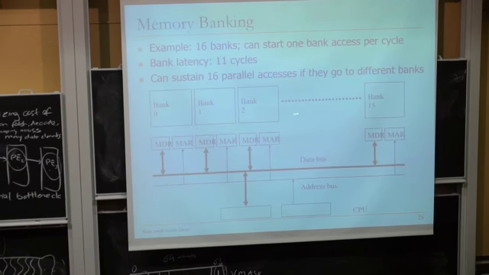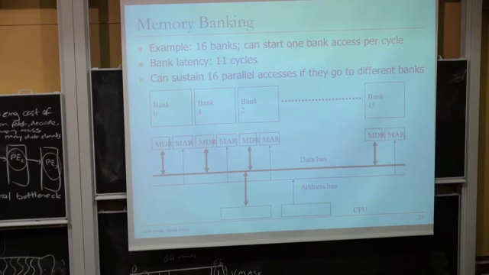So hopefully it's clear to you that if consecutive words are laid out in memory in consecutive banks, with a stride of 1, you can do 16 accesses in parallel. But what if your stride was 16? You have a vector load instruction.